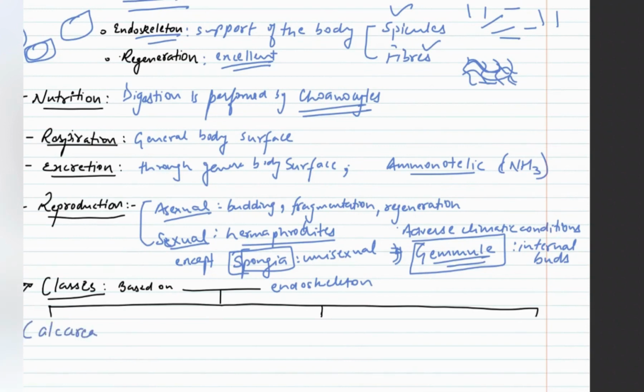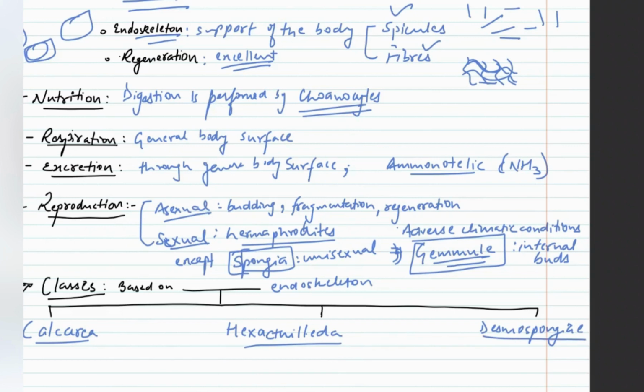The other class is known as Hexactinellida. And the other class is known as Demospongiae. So Calcarea, Hexactinellida, and Demospongiae are the three classes of sponges based on their endoskeleton.